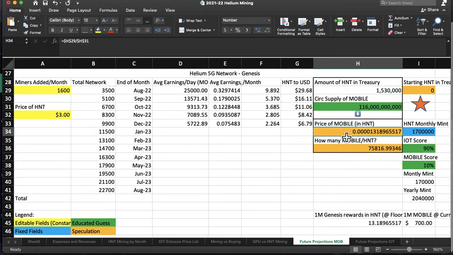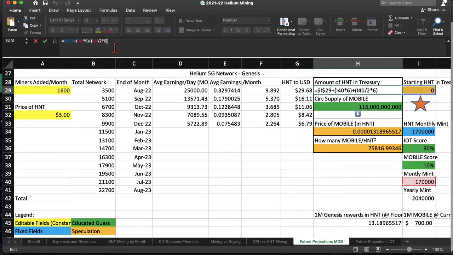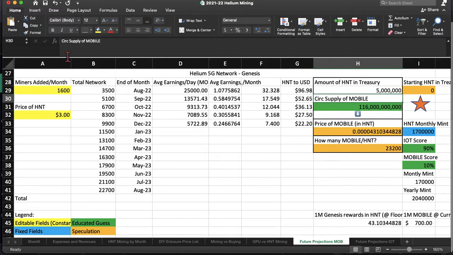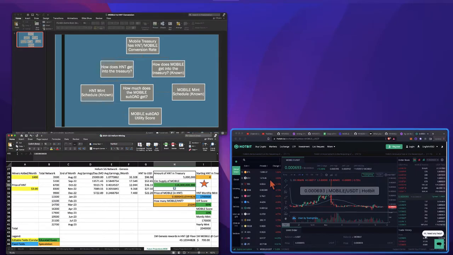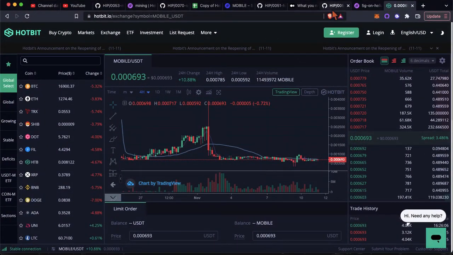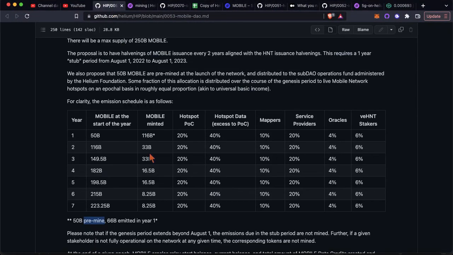So maybe this comes up, just for experimentation's sake. Let's just say someday there was 5 mil mobile in there, maybe 3 years down the line. And what would this look like after 3 years?